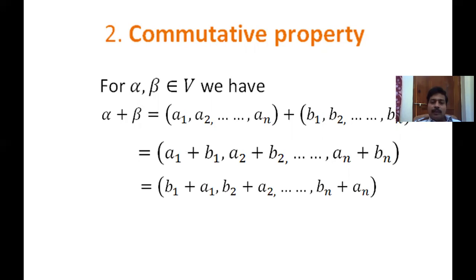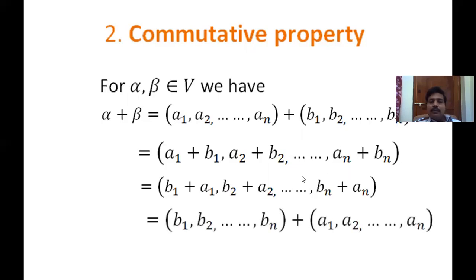So in real numbers, x plus y is equal to y plus x. So I can write this as B1 plus A1, B2 plus A2 and so on Bn plus An. So that is equal to B1, B2 and so on Bn plus A1, A2 and so on An.